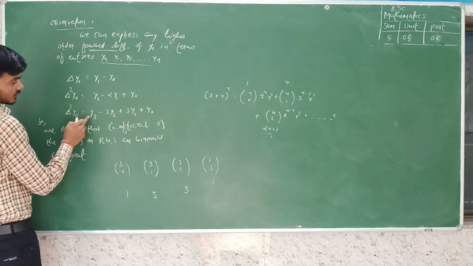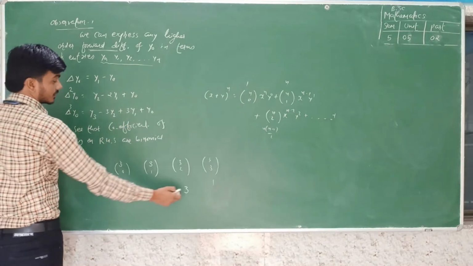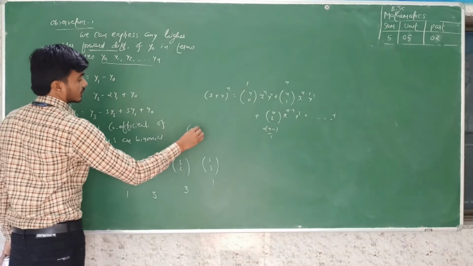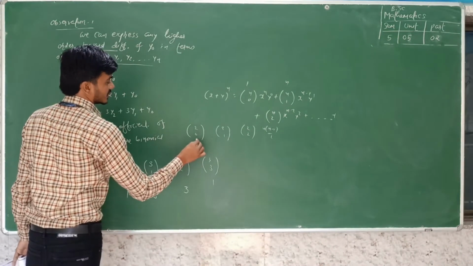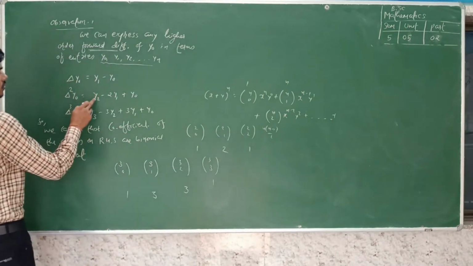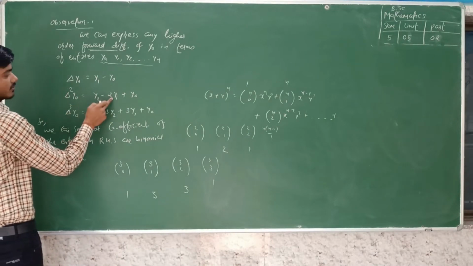So the coefficients on the right hand side are 1, 3, 3 and 1. Same as 2c0, 2c1 and 2c2: 2c0 is 1, 2c2 is 1, 2c1 is 2. So the coefficients for the second forward difference are 1, 2 and 1.